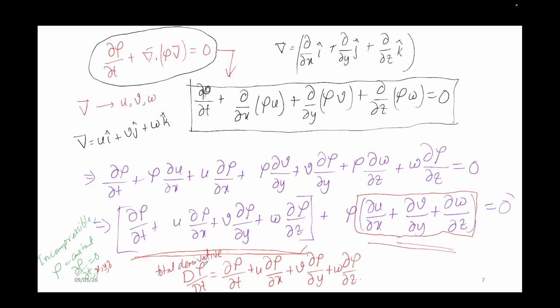If in place of rho you consider a, you will get the acceleration dA/dt, with x component, y component, z component, same thing. So that basically means it is the total derivative of the density, or the acceleration function. That's almost the same. Only the variable is different here.